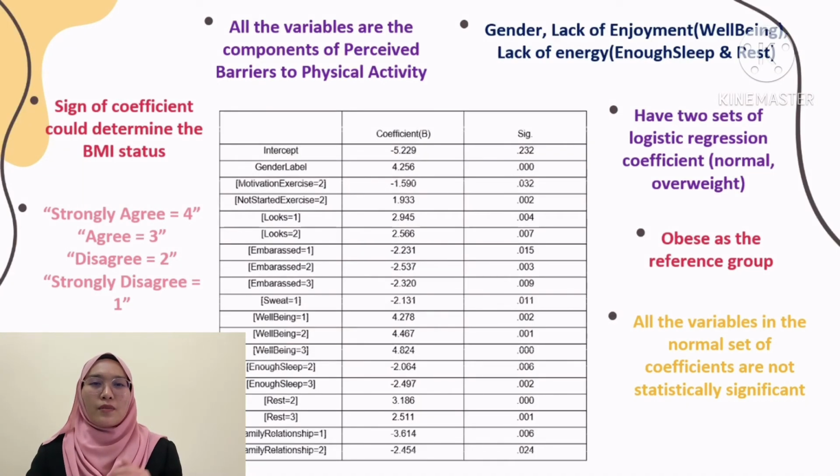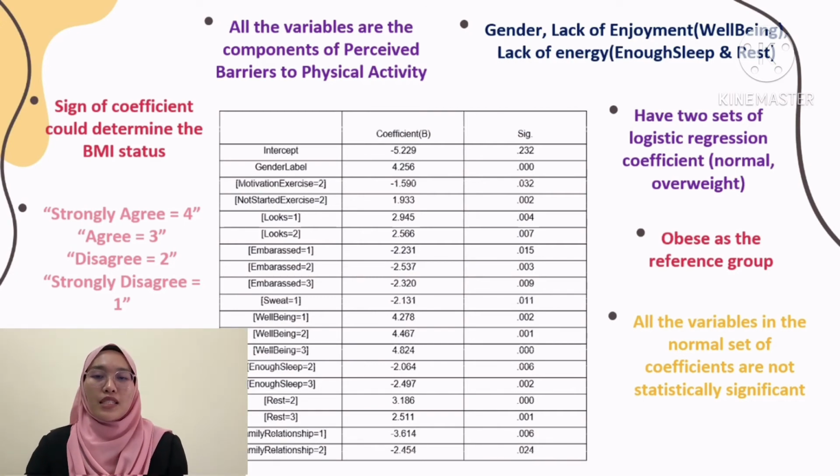Note that the perceived barriers to physical activity has 6 barriers, which are lack of willpower, self-confidence, enjoyment, time, and energy. Unfortunately, there are no underweight respondents in this study. Hence, there are only 2 sets of logistic regression coefficients in this table, which are normal and overweight, as the obese had become the reference group.